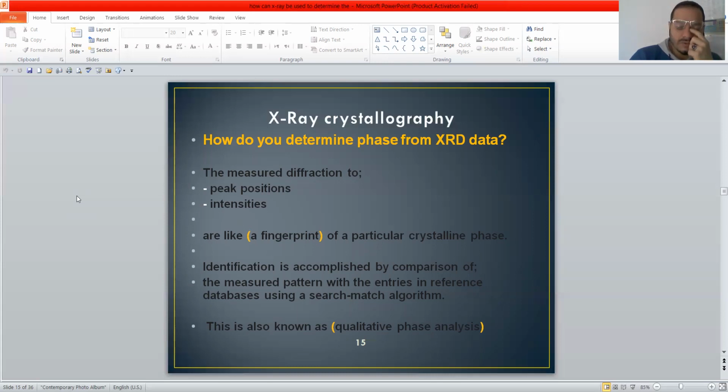This is known as qualitative phase analysis. All of these words are the definition of qualitative phase analysis.